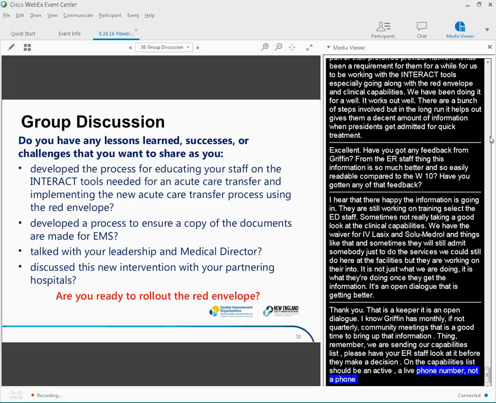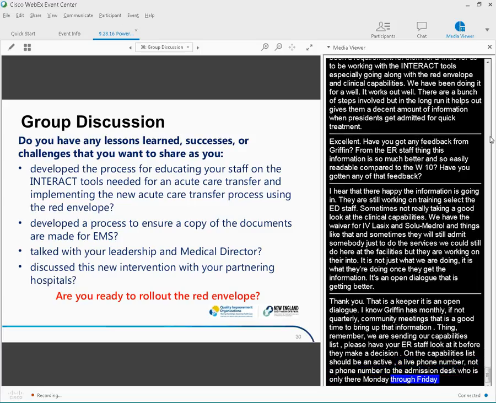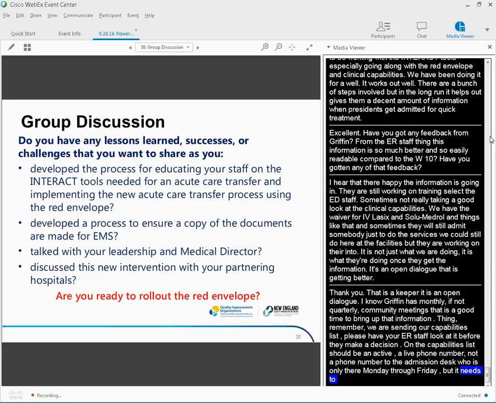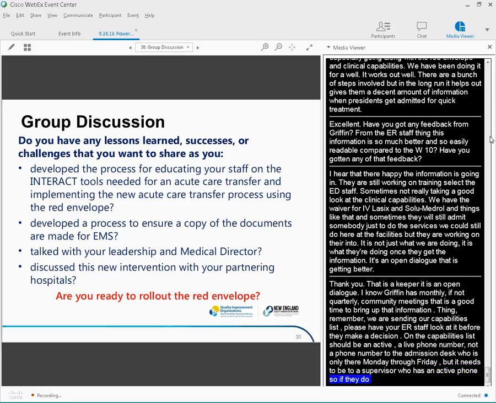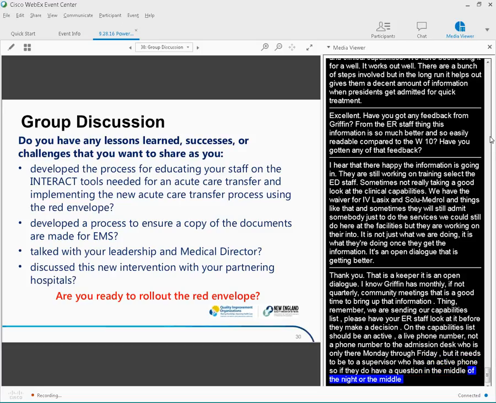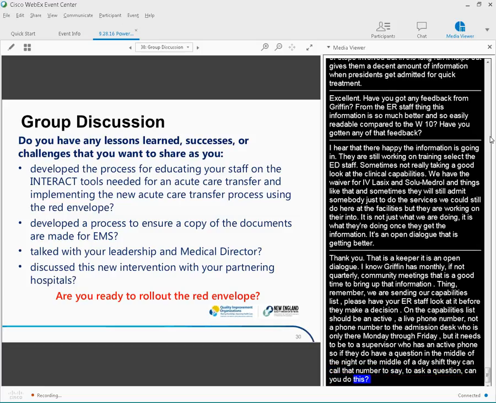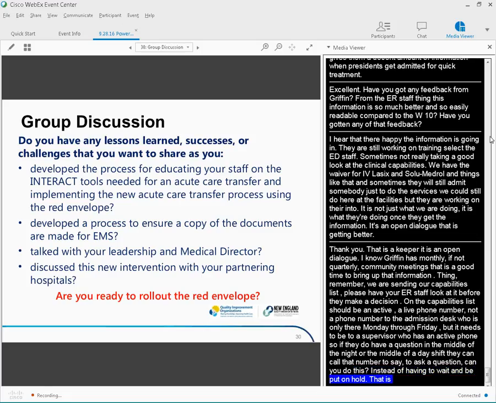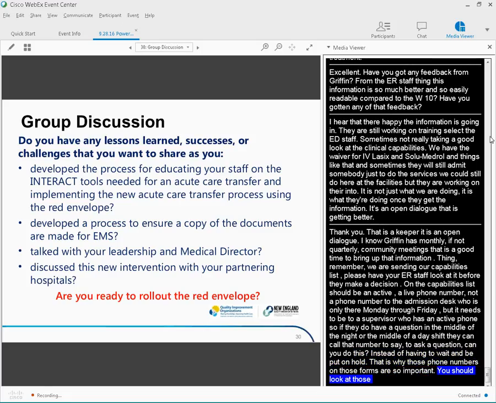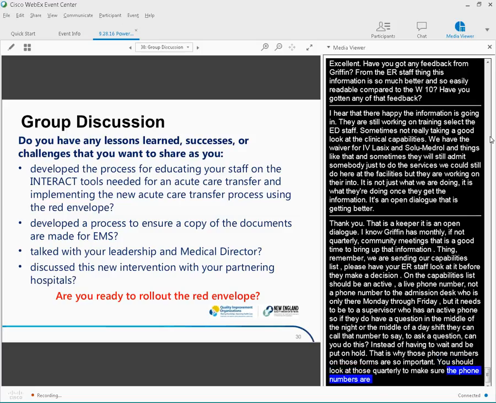It needs to go to a supervisor who has an active phone, so if they have a question in the middle of the night or the middle of a day shift, they can call that number to ask, can you do this? Instead of having to wait and be put on hold. That's why those phone numbers on those forms are so important, and you should look at them quarterly to make sure the phone number is still active. Okay? Thanks, Bob. Great insight. You're welcome.